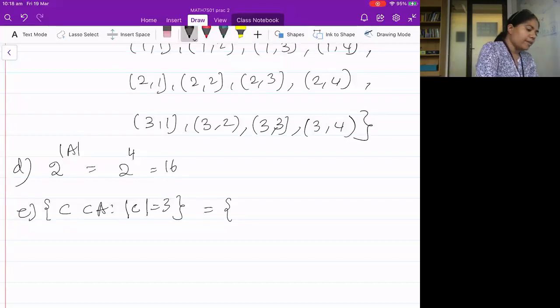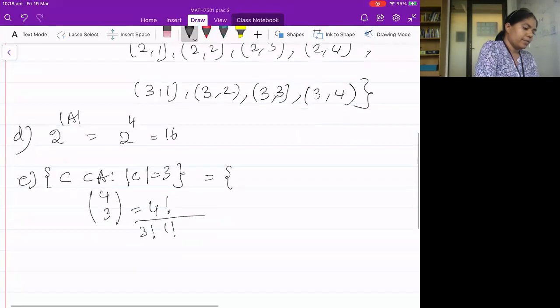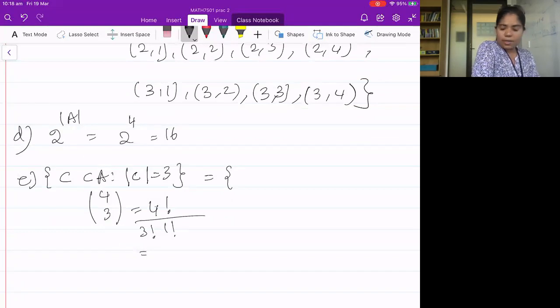There are 4 elements in A, so you choose 3. 4 choose 3. What does that give you? That's 4 factorial divided by 3 factorial times 1 factorial, which is equal to 4.